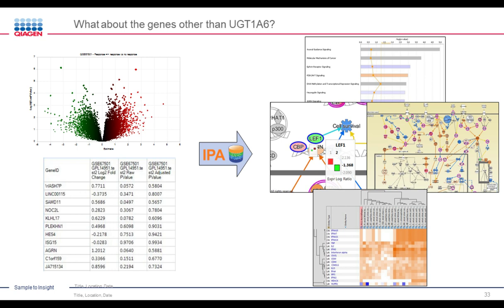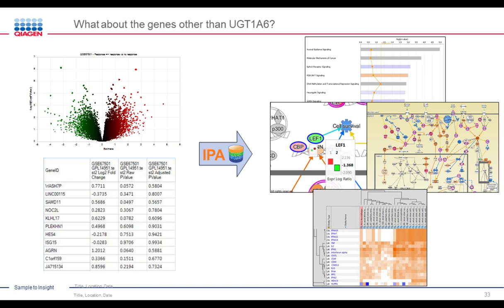What Ingenuity Pathway Analysis will do is take the whole gene list, and based on that, it will show you what pathways are enriched for that gene list. So what pathways are associated with that gene list, what diseases and biological processes are associated with the gene list. If you look at the right-hand corner of the screen, you can actually open up the pathway. If you look at the chart on the left, you can also compare expression of different biomarkers on the pathway.